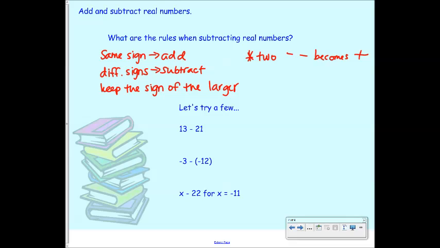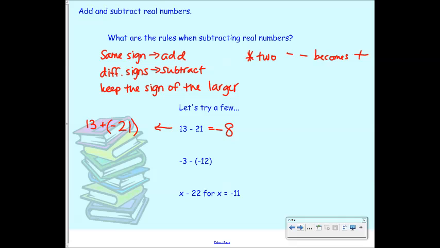Subtract, which is going to give me what? 8, and it's negative because the 21 is negative and it's bigger. Again, in my head, a subtraction sign and a negative sign are the same thing. But if it helps you to rewrite this as 13 plus negative 21, that's fine too. If that's how you've done it before and that's what works for you, go ahead and do it.